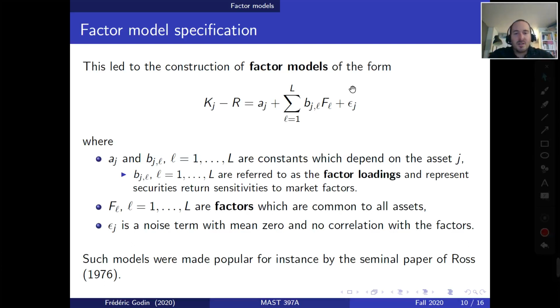So what's the rationale here about these types of formulas? They entail that the set of returns across all securities are driven by a few common factors.